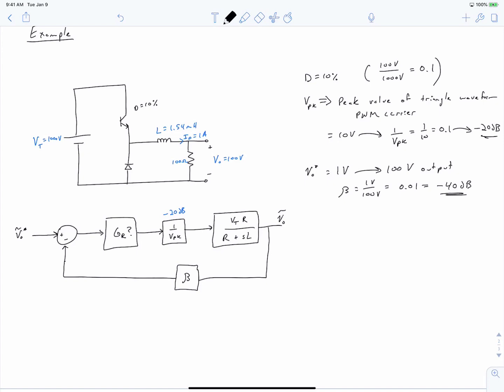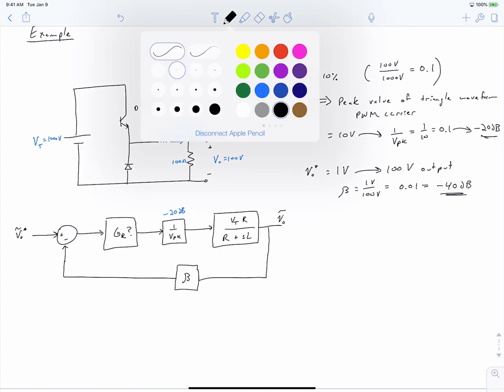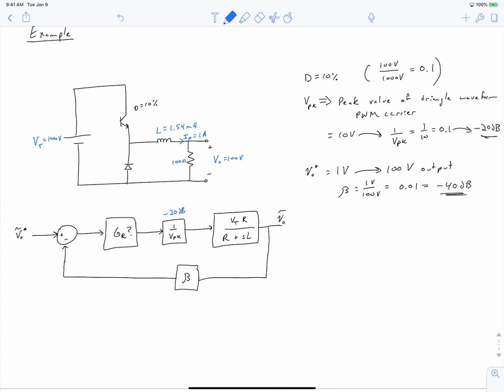So we're writing these gains in terms of decibels because we're going to go to a frequency, a Bode plot analysis shortly. So right here we have a negative 40 decibel gain. We've already remarked that Vt is 1,000 volts, which is equal to 60 decibels. So we can see that in our transfer function for our converter, we have 60 decibels times the remaining terms of our transfer function. We can note that this is 60 decibel volts, and we have 100 ohms, which is going to be 40 decibel ohms.